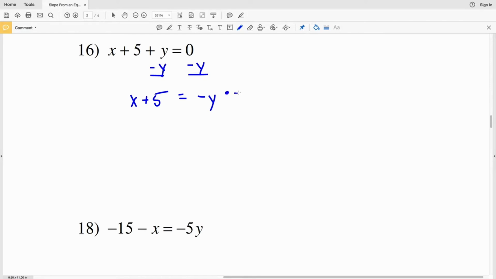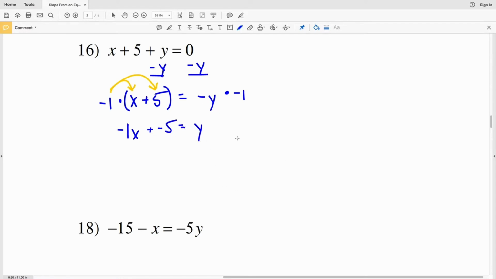So we're going to multiply both sides by a negative 1 in order to get y by itself and positive. So when we multiply by a negative 1, we need to distribute that on the left-hand side. That'll leave us with a negative 1x plus negative 5 equal to a positive y.